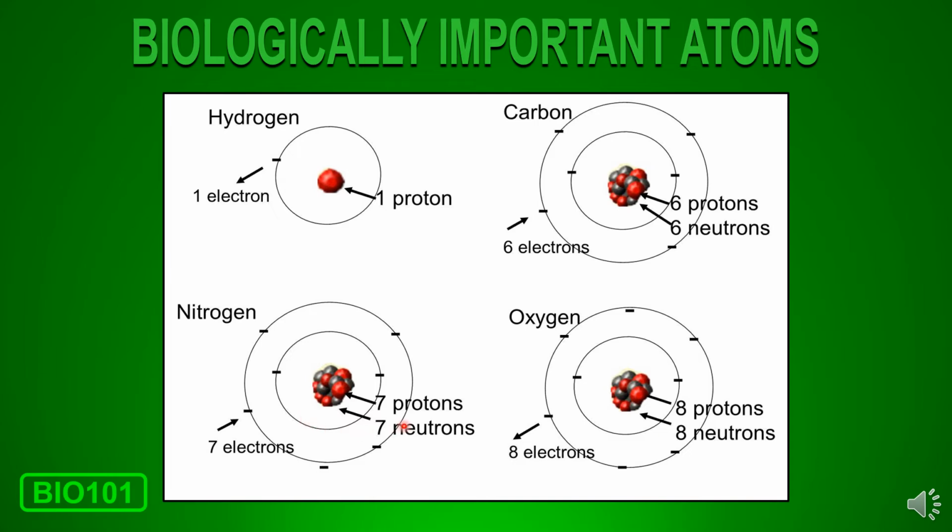Here's nitrogen, 7 protons, 7 positive charges, 7 neutrons, atomic mass of 14, 7 protons, positive, we'd expect to see 7 electrons. There's 2 in the inner orbital, and 1, 2, 3, 4, 5 in the second orbital.